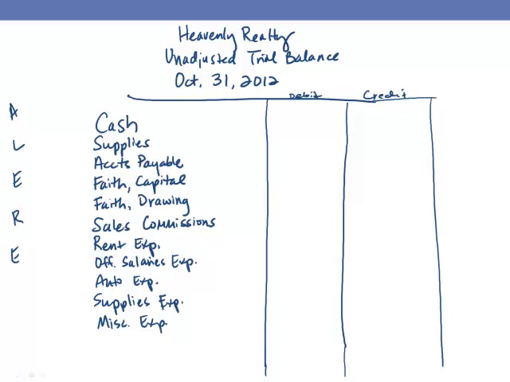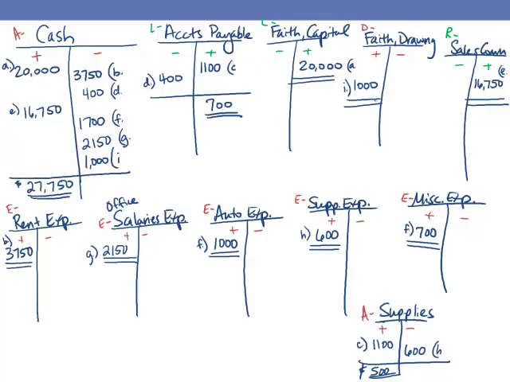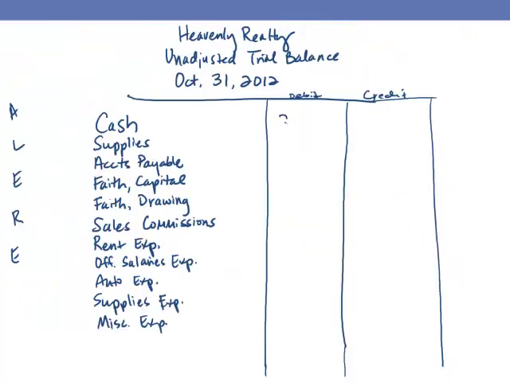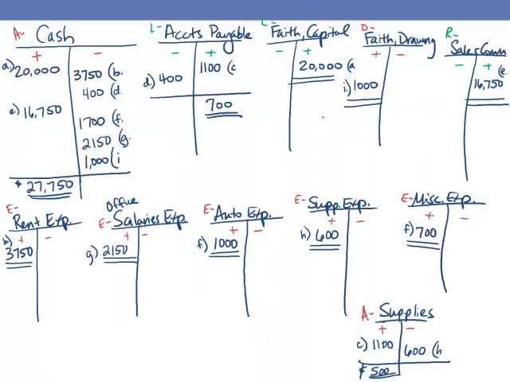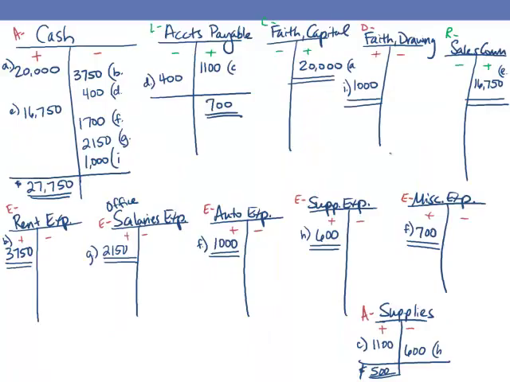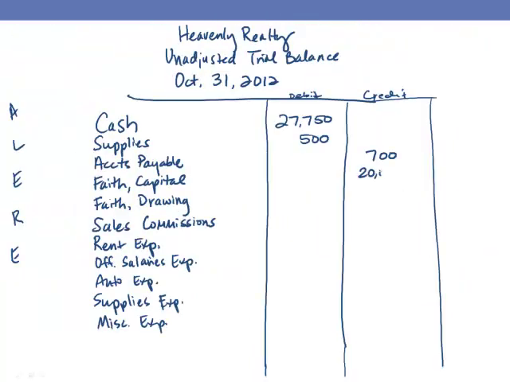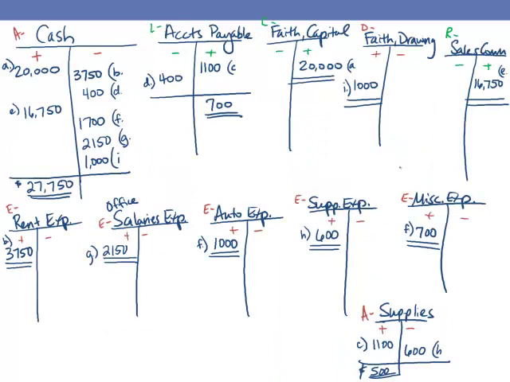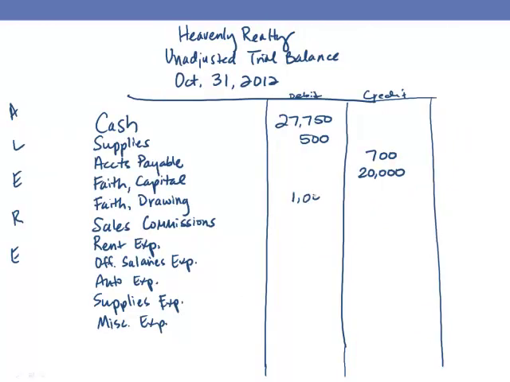So the balance for cash is $27,750, and it's a debit. So I'm going to put it there. Supplies, balance is $500, also debit. Accounts payable, $700, credit balance. Capital, $20,000, credit balance. Whoops, drawing, $1,000, debit balance.